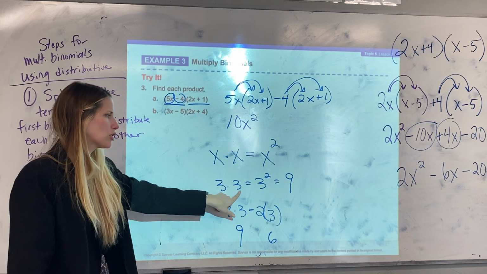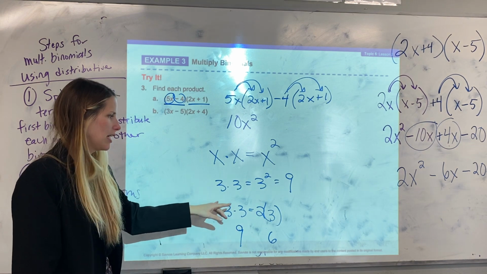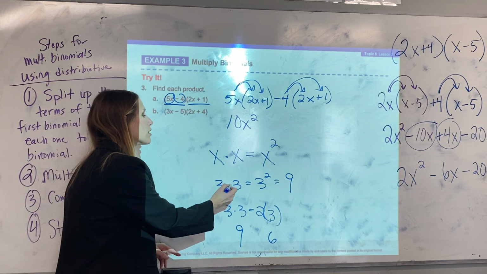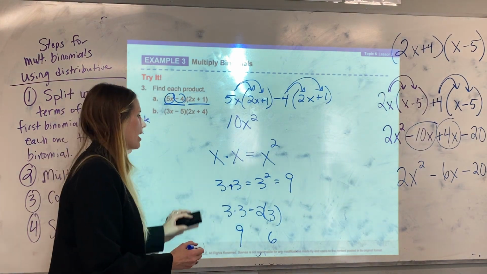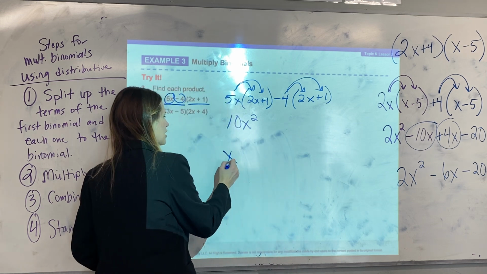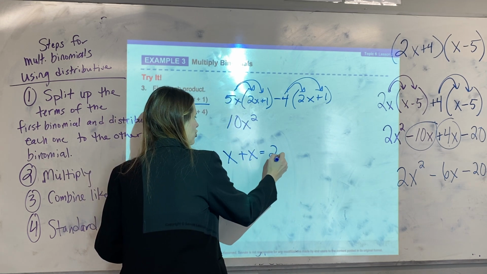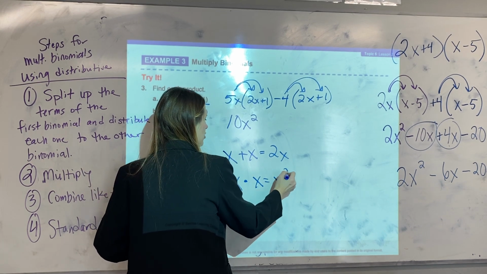So 3 times 3 is not the same thing as having 3 two times. 3 plus 3 is having 3 twice. So if this was x plus x, x plus x is 2x. x times x is x squared.